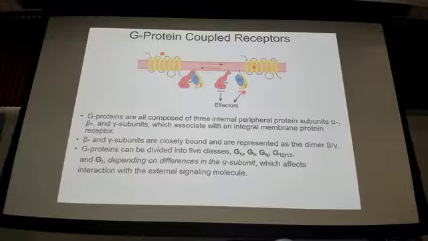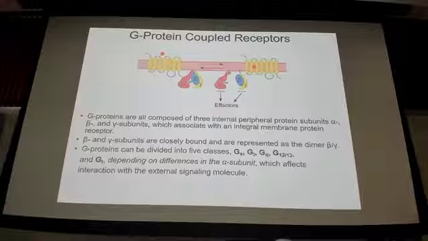The beta gamma form a dimer, and then that leads to a certain cascade of events and a particular biological response. There are 5 different classes of G protein coupled receptors. We're going to talk about G sub S, G sub I, and G sub Q.